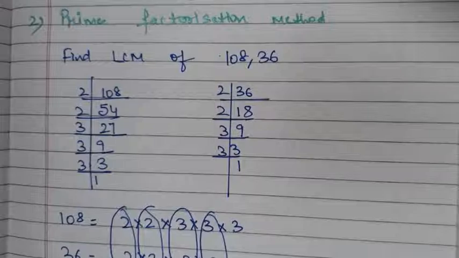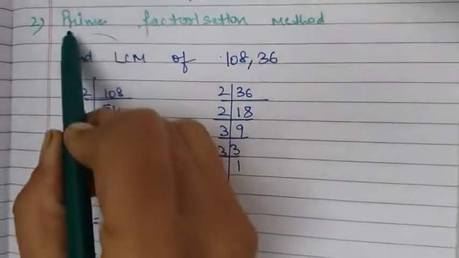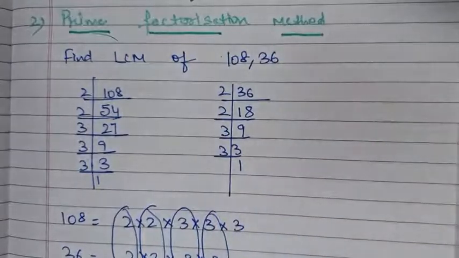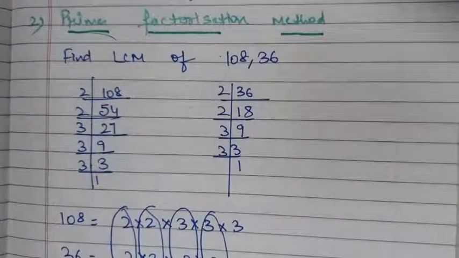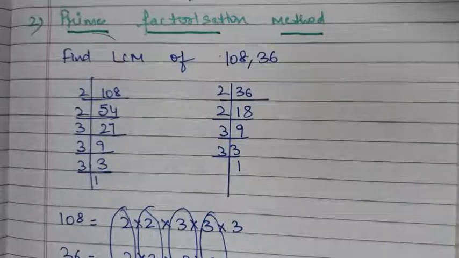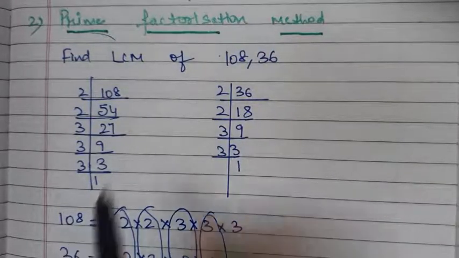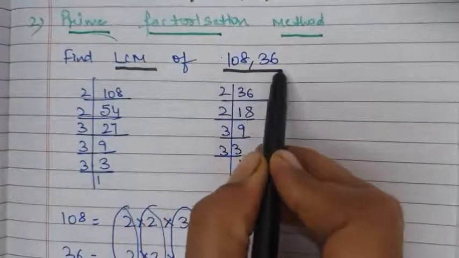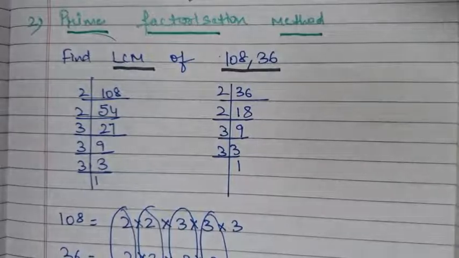Now the next method is the prime factorization method. It is very clear from the name that you have to find their prime factorization first. Now, we have to find the LCM of 108 and 36.